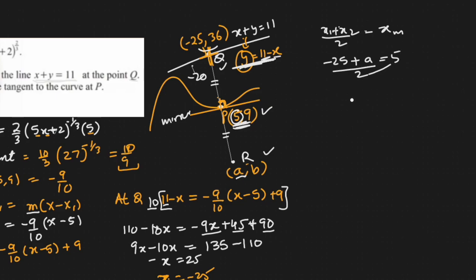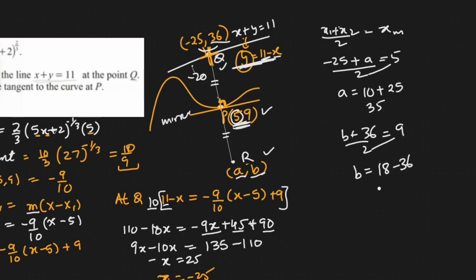So what does it come to? 5 times 2 is 10. a is 10 plus 25. Yeah, this 25 goes to the other side, becomes plus. So it will be 35. So a is 35. What about b? It is b plus 36 divided by 2 is 9. So 2 times 9 is 18. b is 18 minus 36, minus 18. So the coordinates of R are 35 and minus 18.